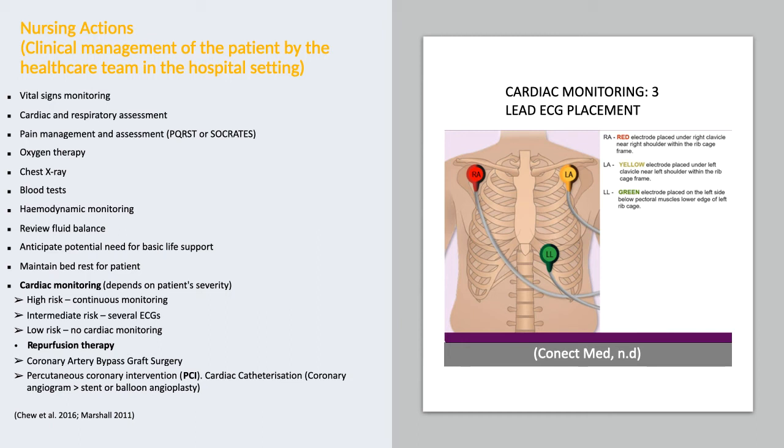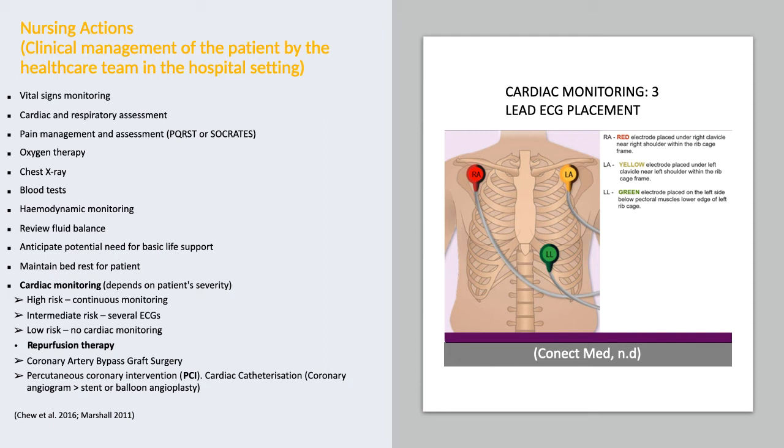Pain management and assessment is done using the SOCRATES mnemonic tool. S is site, O for onset, C for characteristics, R is radiation, A for associated symptoms, T for timing, E for exacerbating or relieving factors, and S for severity.